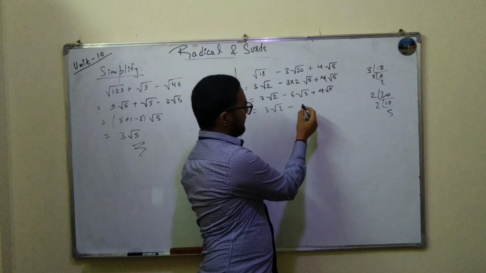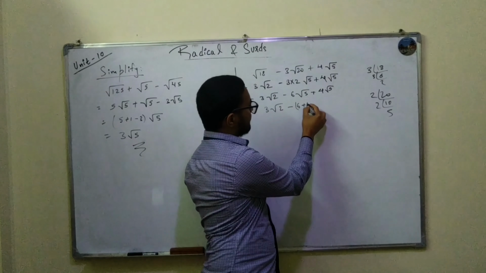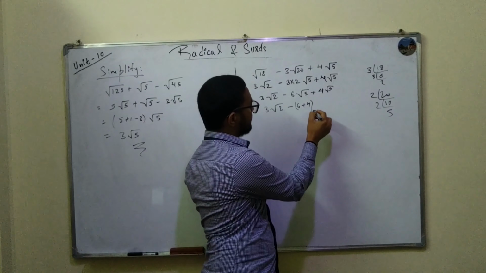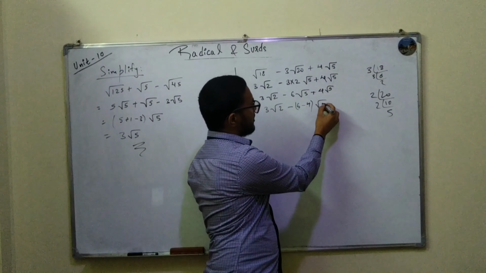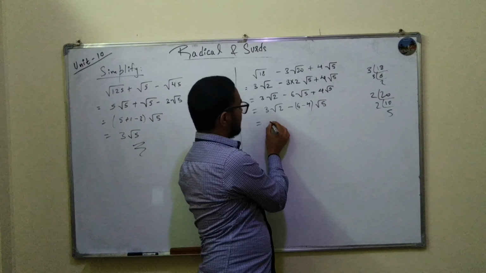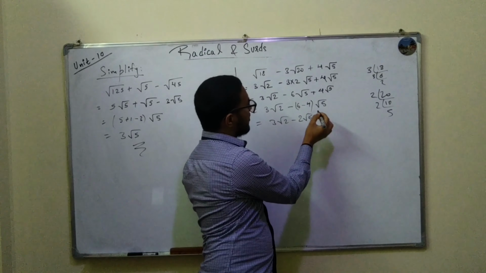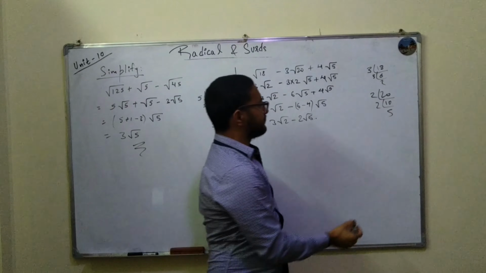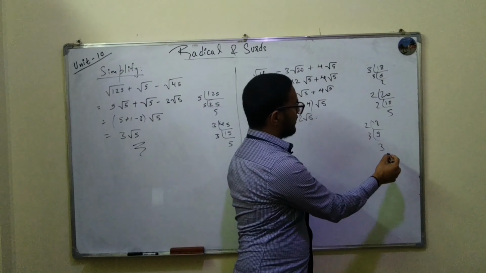Just leave it as it is and then subtract this. This will be minus, okay? Under root 5, right? So 3 under root 2 minus 2 under root 5, okay? That's how we basically do it.